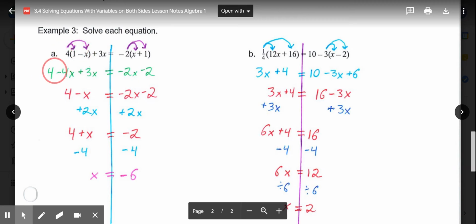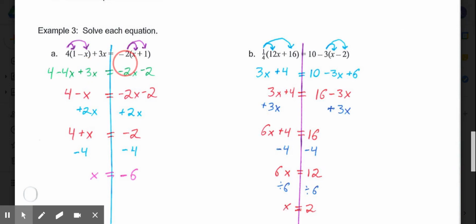So that becomes 4 minus 4x, still plus that 3x on the left. On the right, we're distributing a negative 2, so negative 2 times x is a negative 2x. Negative 2 times the positive 1 is a negative 2, so that is a negative 2x minus 2.